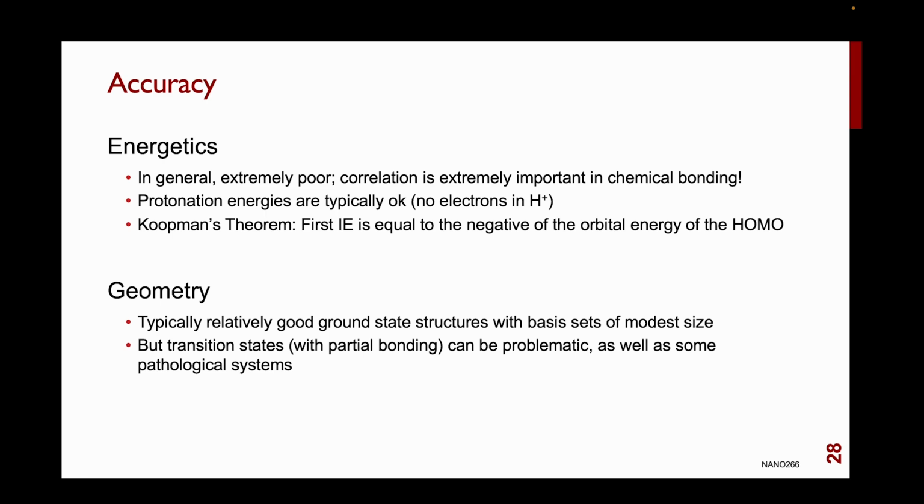But transition states, for example, transition states of reactions or transition states in diffusion, can be very problematic, because whenever we think about transition states, we usually have partial bonding. And Hartree Fock, because it doesn't account for electron correlation, tends not to describe those partial bonds very well.